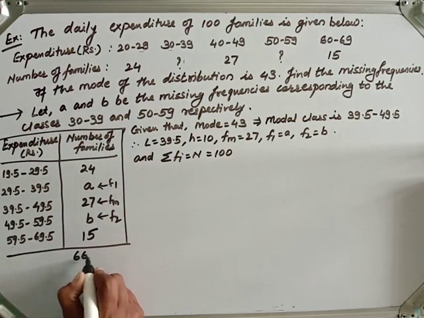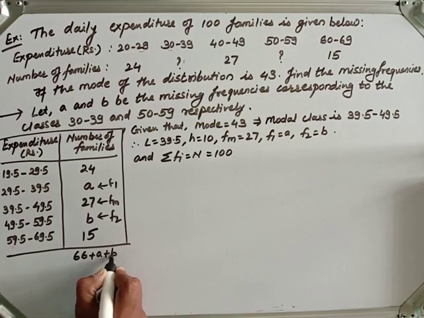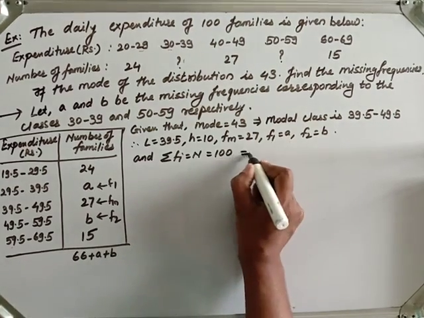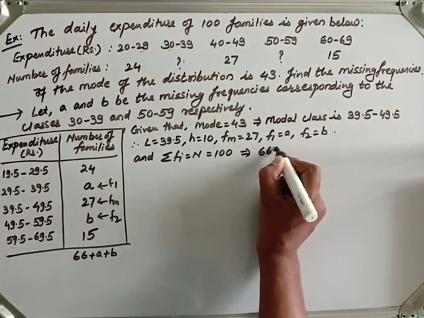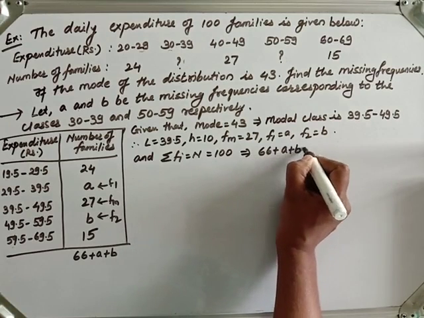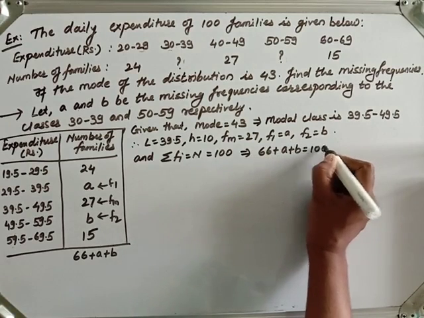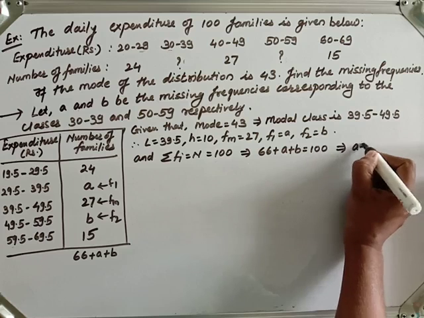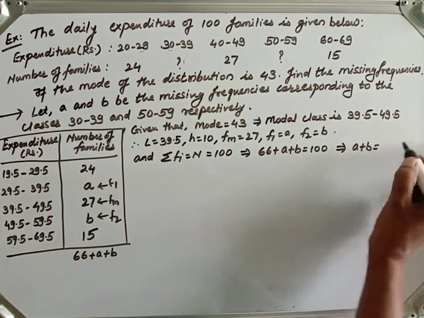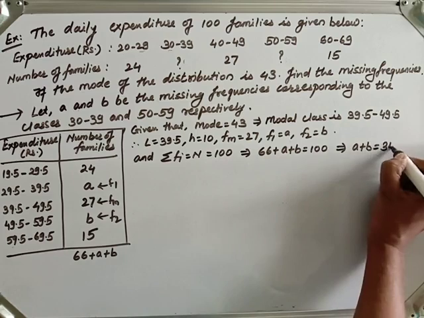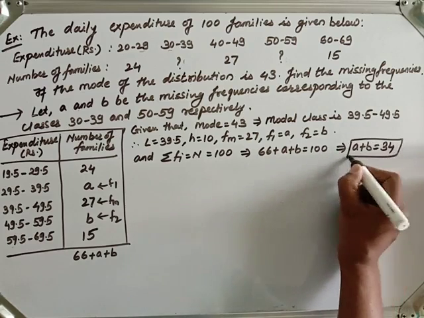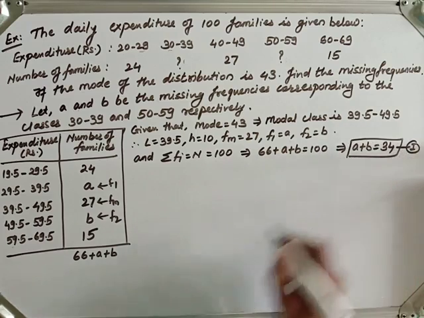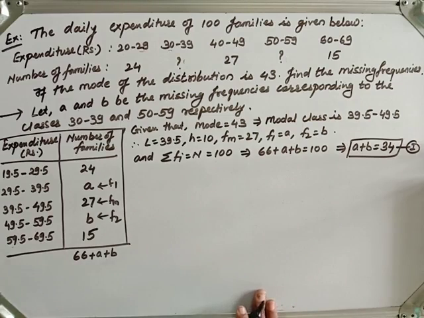So this sum is 66 plus A plus B. So this implies 66 plus A plus B is 100. So that gives us A plus B is equal to 100 minus 66. So it is 34. May happen that this value will help us. Let me give a name to that equation.